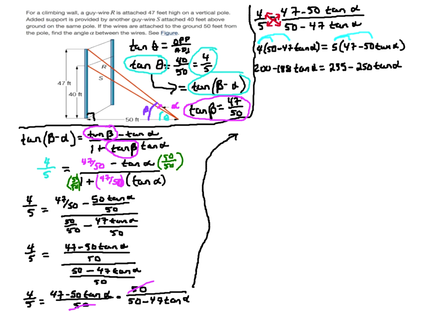tangent alpha. So I need to get my tangent terms on one side and my constants on the other. So here I am going to subtract 200 from both sides, and I'll add 250 tangent alpha to both sides.